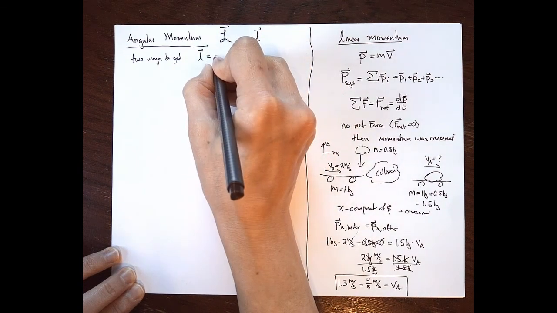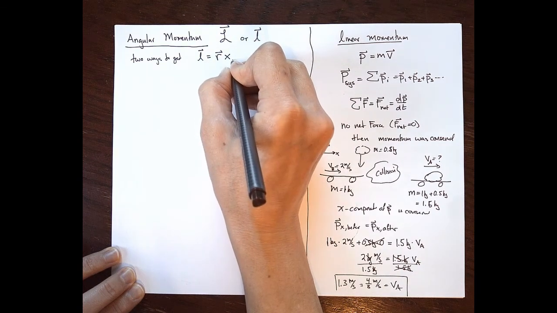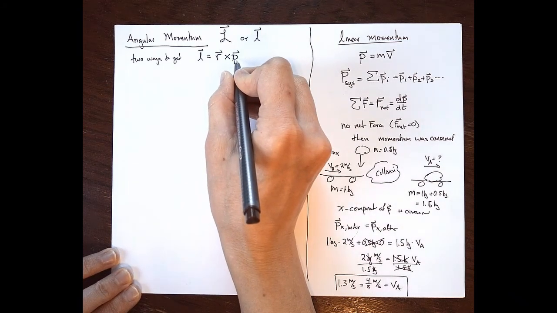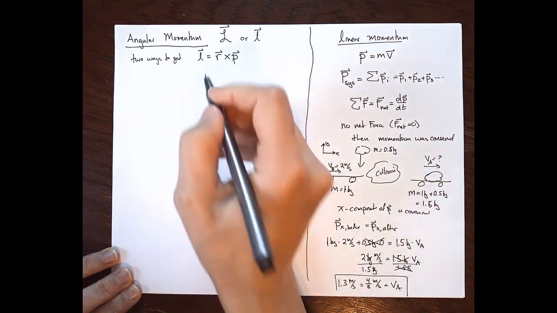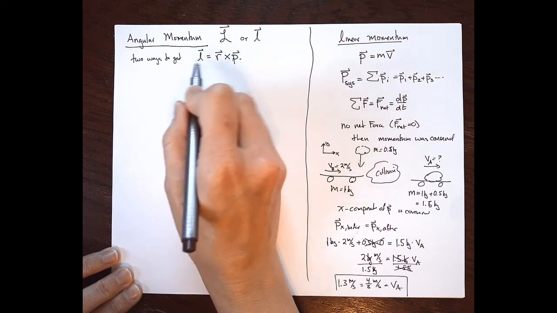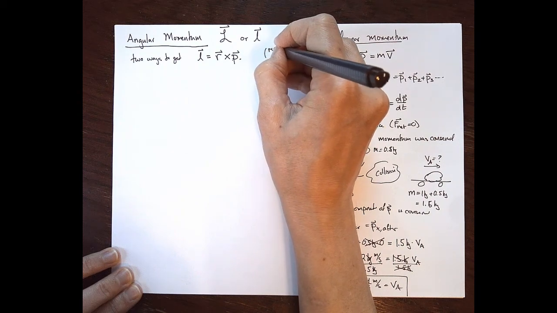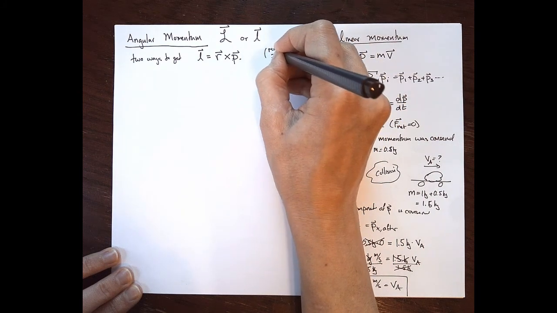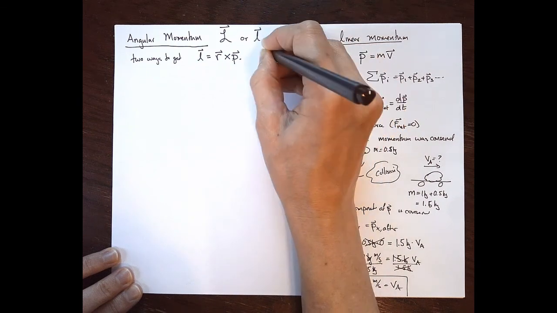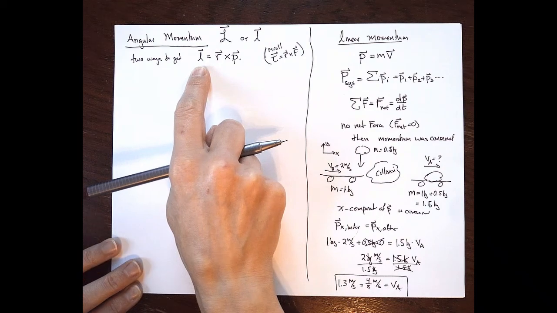The angular momentum is given by the moment arm times, or cross product with, the linear momentum. So this is a lot like going from force to torque. That's the connection there. Recall when we wanted torque, we could get it from force like that. We're doing a similar thing to get the angular momentum.